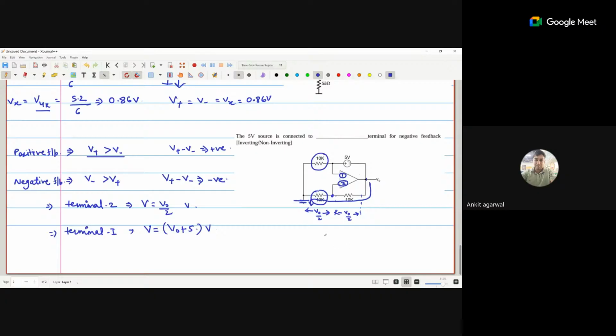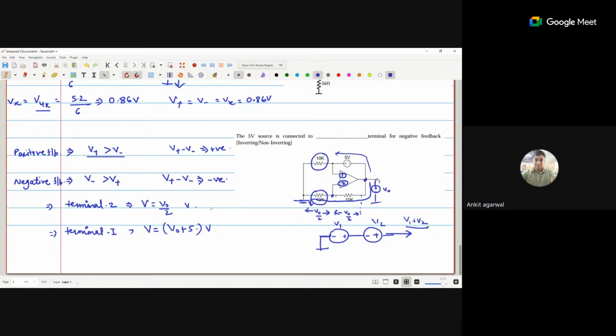Similar to this, say we have one source with negative and positive, connected with the ground, and again another negative and positive. This is V1, this is V2. So the overall voltage across this is V1 plus V2. Similarly V0. If the current flows in this branch, the polarity is connected positive to negative, which means these two voltages will be added and all the voltage will drop across 10 kilo ohms, because the second terminal is grounded.